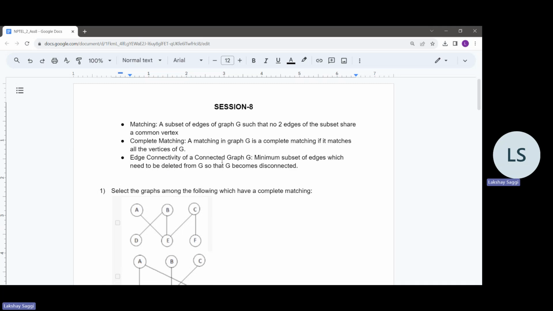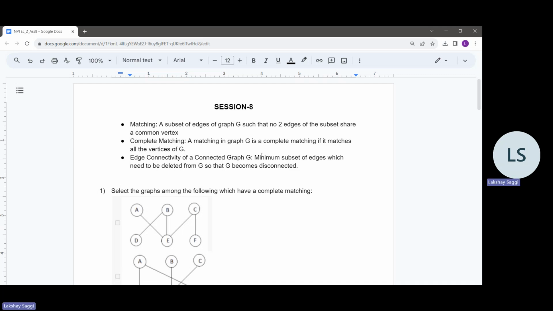Let's say it had 100 edges, then we could have removed all 100 edges. And now the graph is easily disconnected because each component consists of a single vertex only. So we can always disconnect a graph by deleting edges, right?